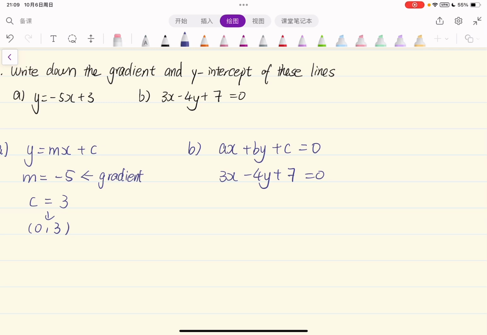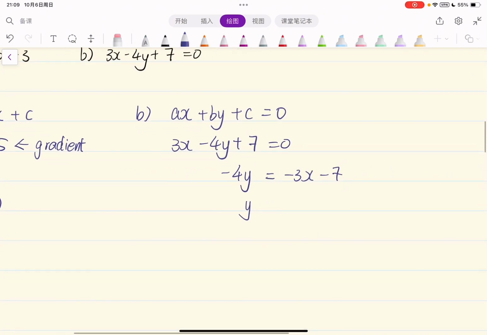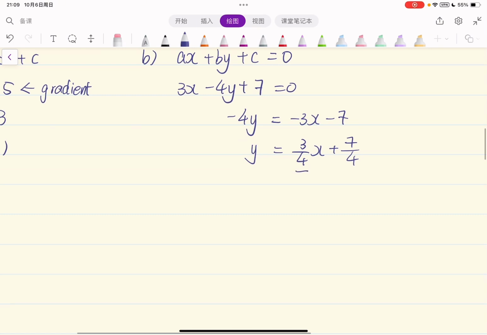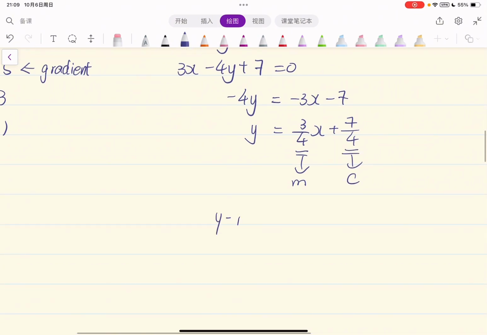So we have -4y equals -3x minus 7, and then dividing by -4 on both sides, we have y equals 3 over 4 x plus 7 over 4. So 3 over 4 is m, that is the gradient, and 7 over 4 is c. So the y-intercept is (0, 7 over 4).